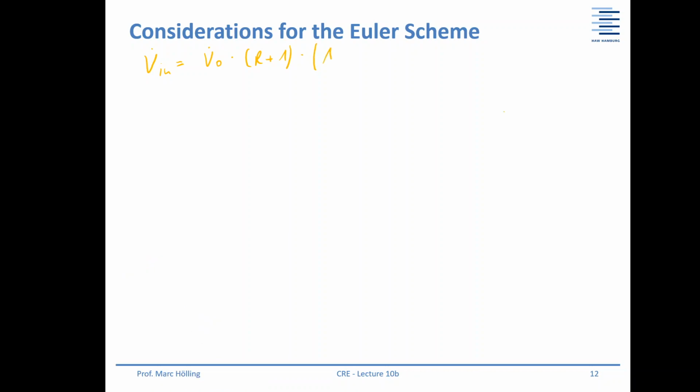And then I end up with 1 plus epsilon XA in. And you can reformulate this in general. The volume flow at any position i is the initial volume flow times R plus 1 times 1 plus epsilon XA at any position inside the reactor.